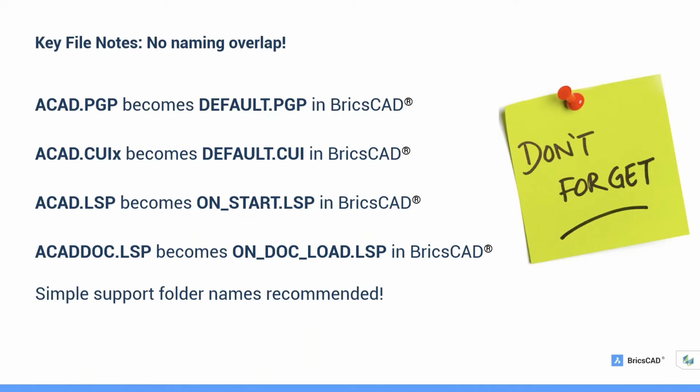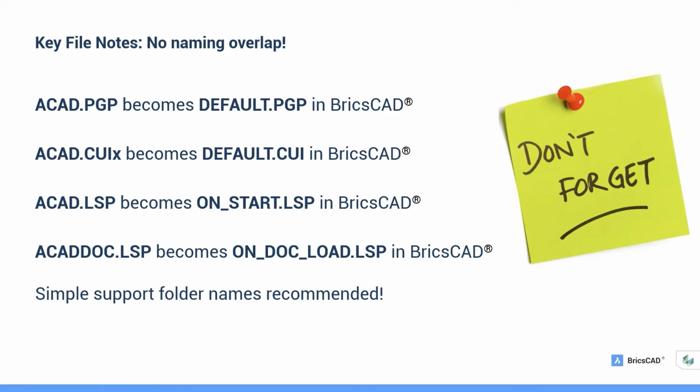Why did we do this? Well, we don't want two files with totally different functionalities with the same name. We don't ever want the BricsCAD files to get confused with your AutoCAD files. And the AutoCAD LSP and AutoCAD doc LSP had a virus, kind of an interesting virus behavior several years back, where those files could be automatically replicated.